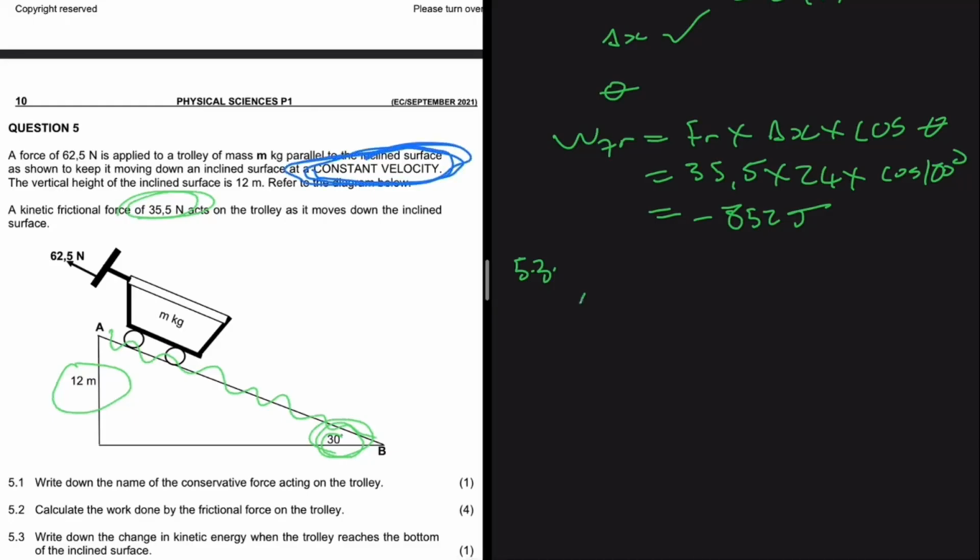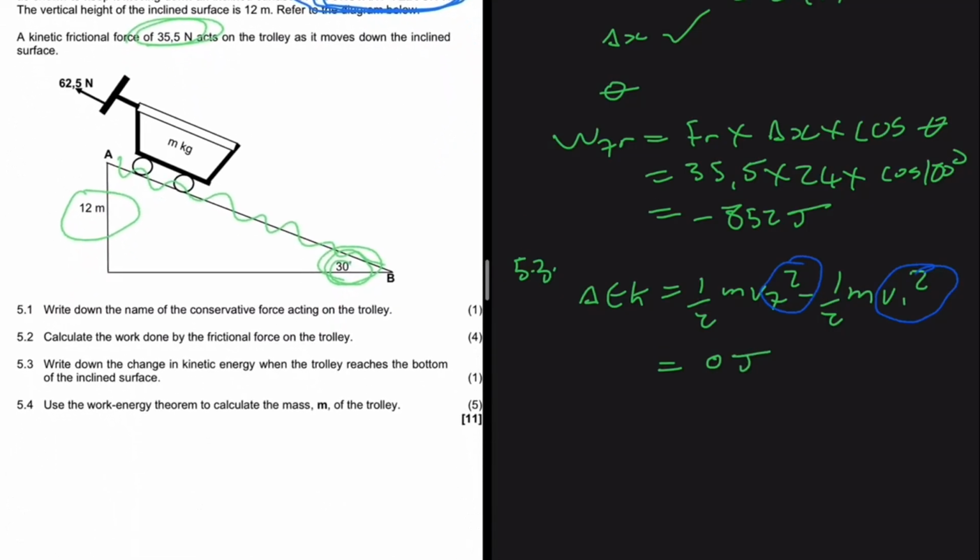We know that the change in the kinetic energy is equal to a half mass Vf squared minus a half mass Vi squared. If we are moving at constant velocity, then Vf squared is equal to Vi squared. So the change in kinetic energy should be equal to 0 joules. And now we can do 5.4.